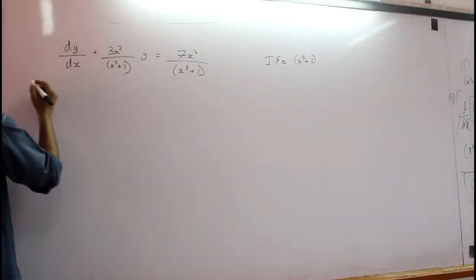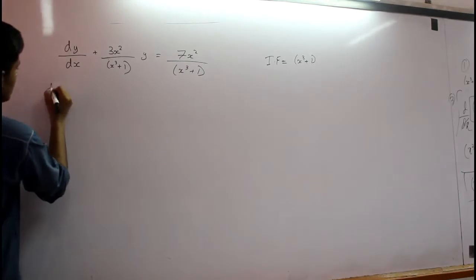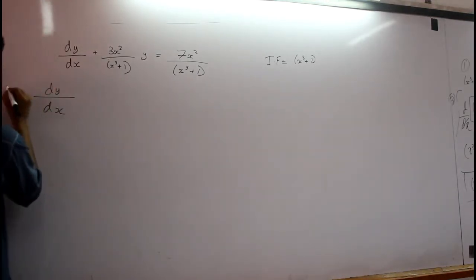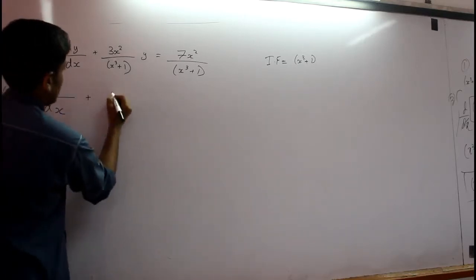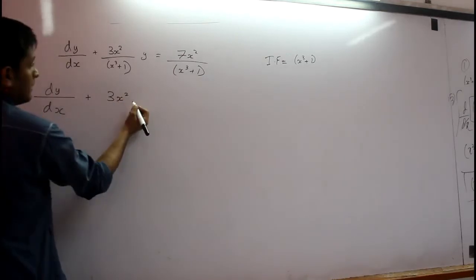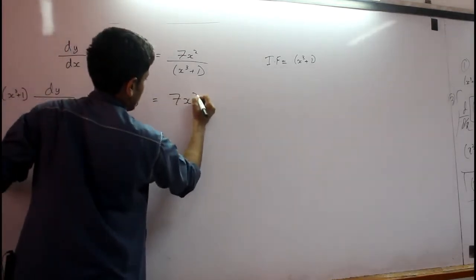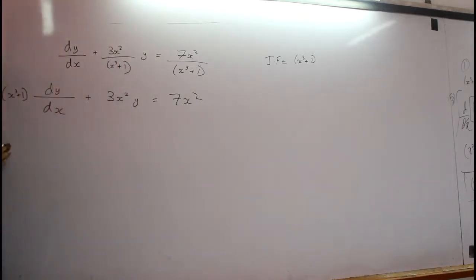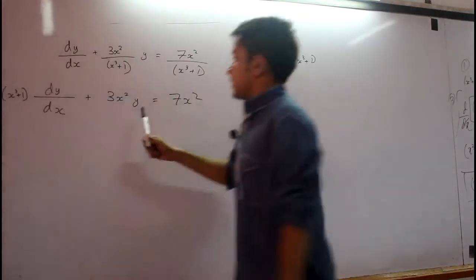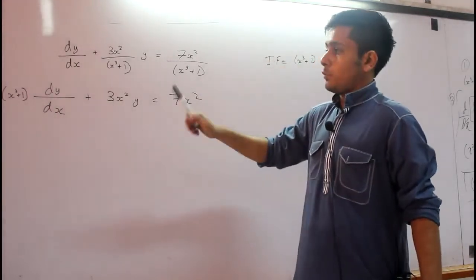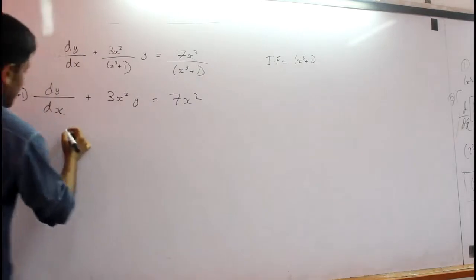Let's have a look. Plus 1 plus 3x square y equals 7x square. This is the form now. This is the expanded form, and now we will compress this form into a u dot v form. Let's have a look.